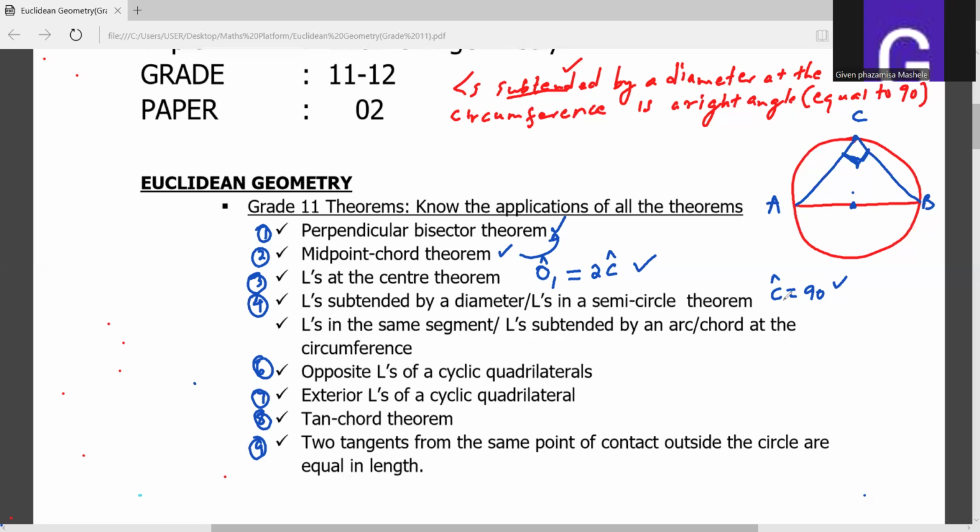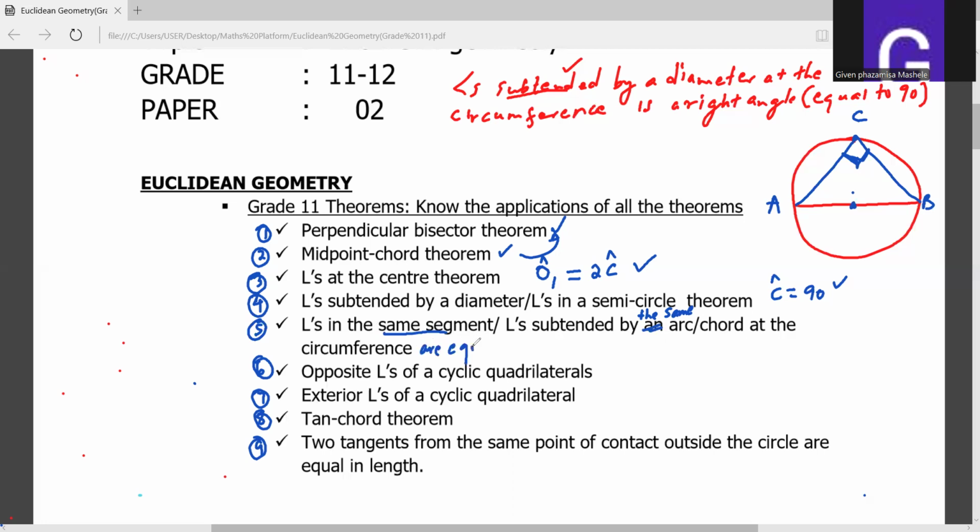Then we also have Theorem 5. Theorem 5 is much related to angle at center, but it's not exactly the same. Theorem 5 says that angles in the same segment at the circumference are equal, or you can say angles subtended by the same arc or a chord at the circumference are equal.